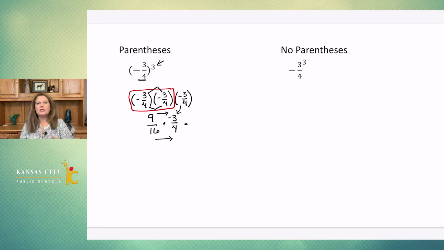But this time you'll notice a positive and a negative. When you have unlike signs and you're multiplying or dividing, that creates a negative. So we're going to say 9 times 3 is 27, and 16 times 4 is 64.